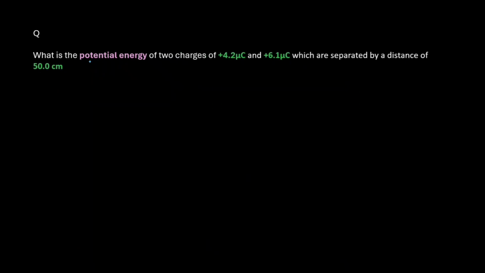Next problem. What is the potential energy of two charges of positive 4.2 microcoulomb and positive 6.1 microcoulomb, which are separated by a distance of 50 centimeter? So here you have charge Q1 equals positive 4.2 microcoulomb. Micro means I have to multiply this with 10 to the power negative 6 coulomb.